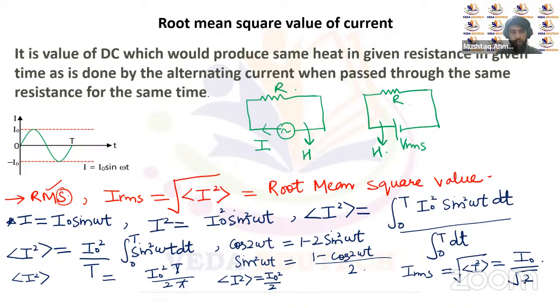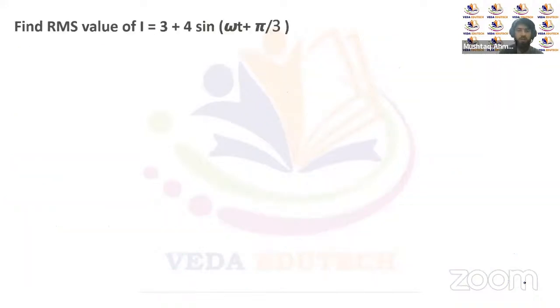So this is how we can calculate the RMS value for different functions. Similarly, suppose we have to calculate the RMS value for half the cycle only, for the positive half cycle only. So this will be I versus t.